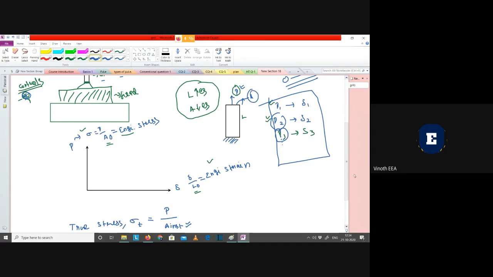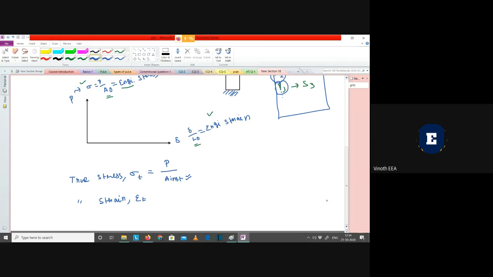That has to be taken here. So this is something like load per instantaneous area. And similarly, true strain is nothing but the change in length to that of the instantaneous length. Instantaneous length means at that instant, whatever the length is, because we know that length continuously changes.